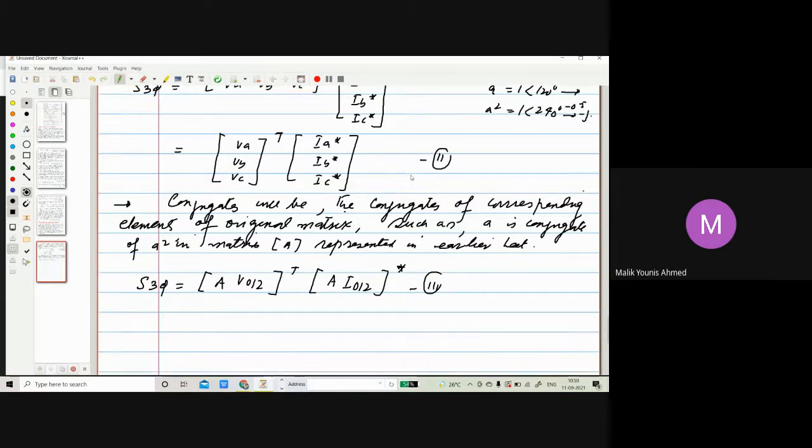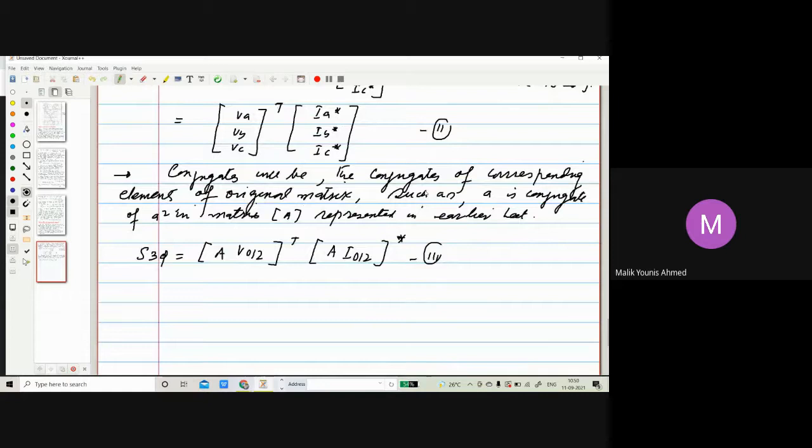I'm repeating again. If we have to change the phase values, whether they are voltages or currents, into symmetrical components, we have to just multiply by the matrix A. The phase voltages will become matrix A into the symmetrical components. We have seen that already in the previous lectures. The notation for the symmetrical components will be 0, 1, 2: zero sequence, positive, negative. Similarly for the current.